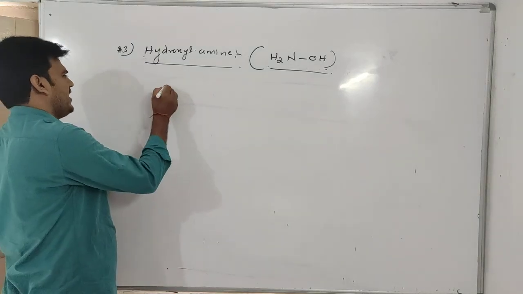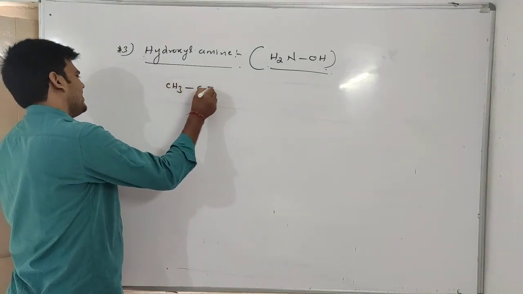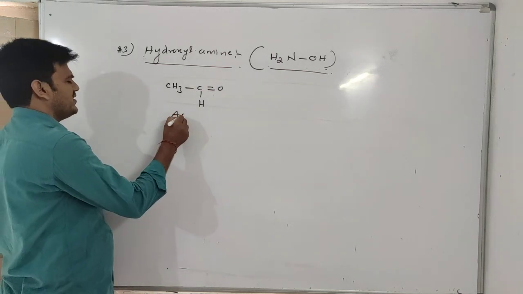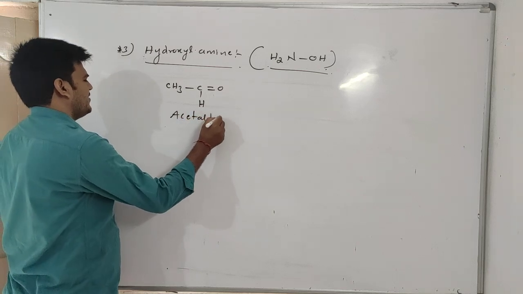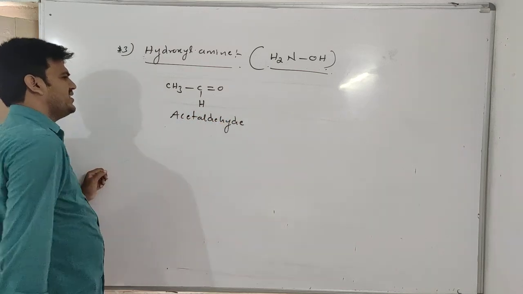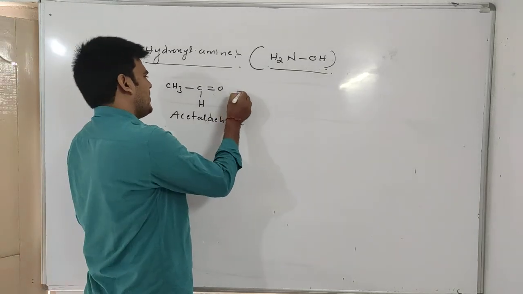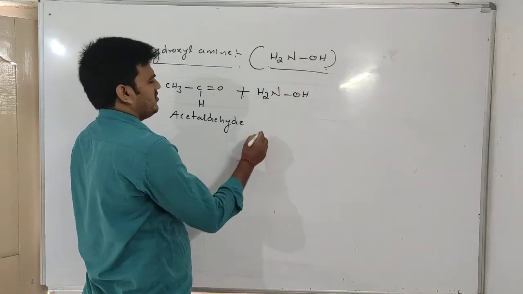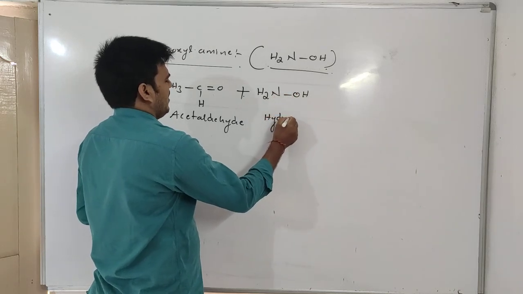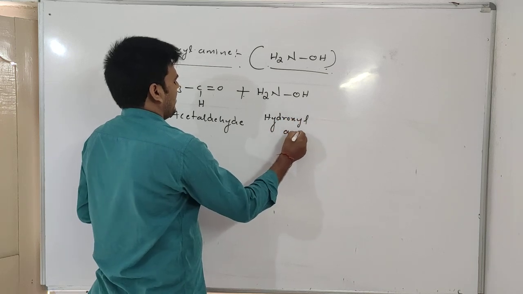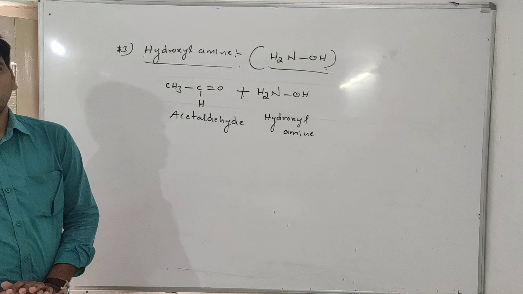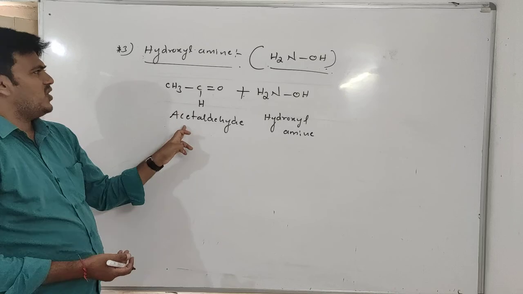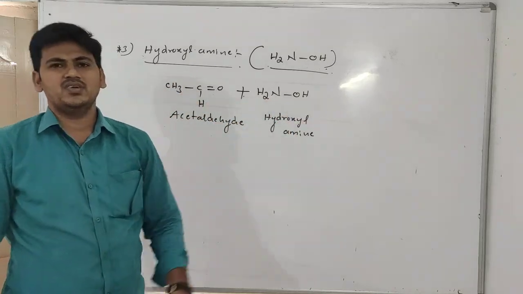So first of all, acetaldehyde, formula CH3C=O H. So this is our compound, acetaldehyde, CH3C=O H, plus hydroxylamine, formula H2N-OH. Acetaldehyde reacts with hydroxylamine, H2N-OH.